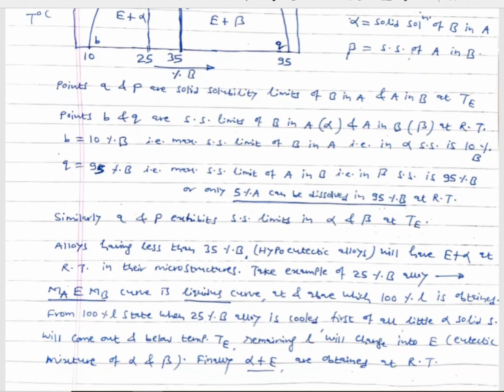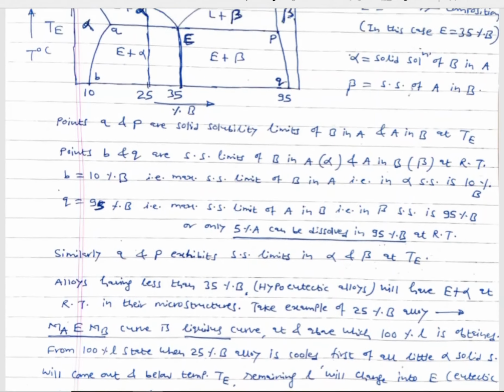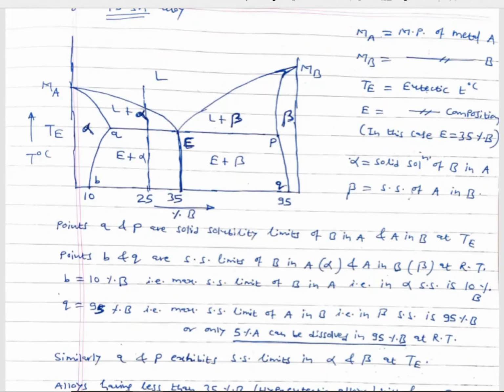Now consider from 100% liquid state when 25% B alloy is cooled. This is our composition.